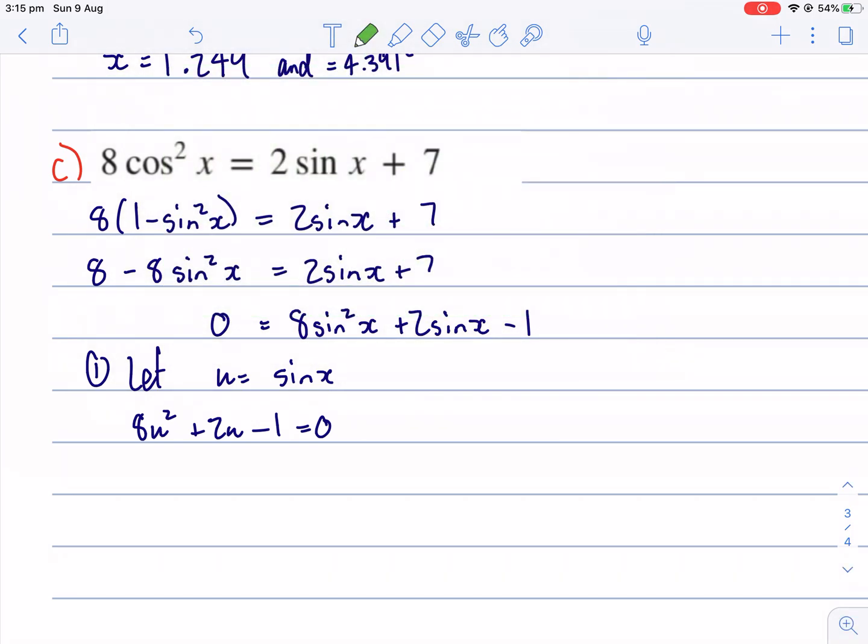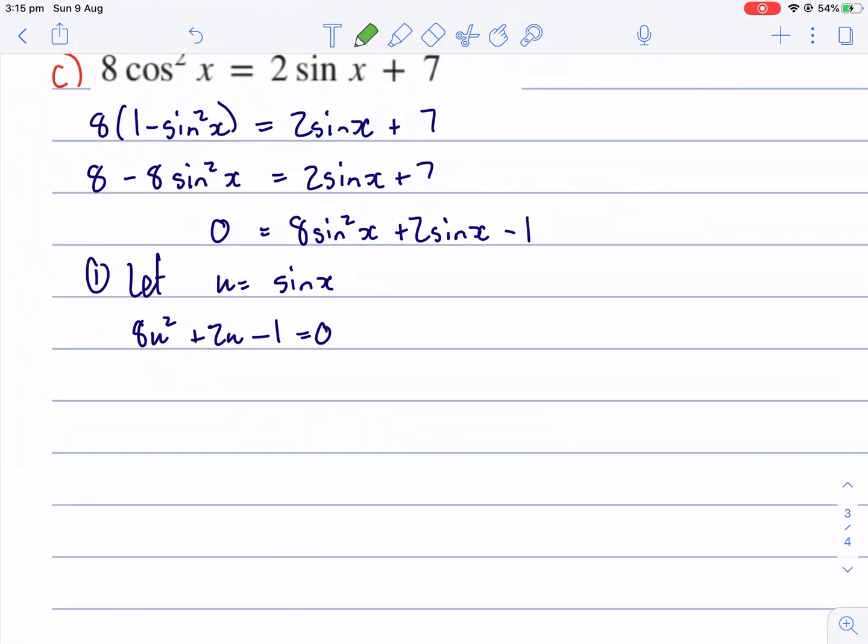Now if I want to actually do this, I've got 8 times negative 1 is negative 8. Negative 8 equals 4 times negative 2. 4 plus negative 2 equals positive 2. That's what I want. So I've got 8u squared plus 4u take 2u take 1 equals 0.